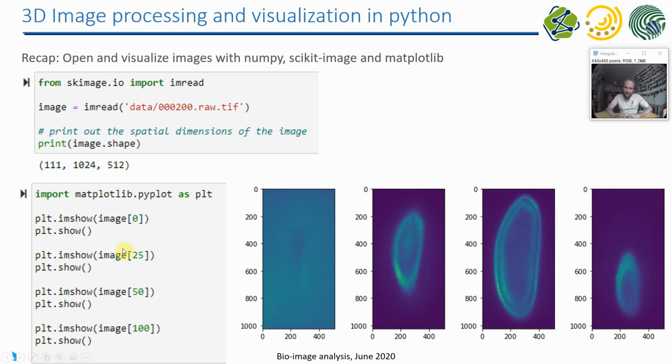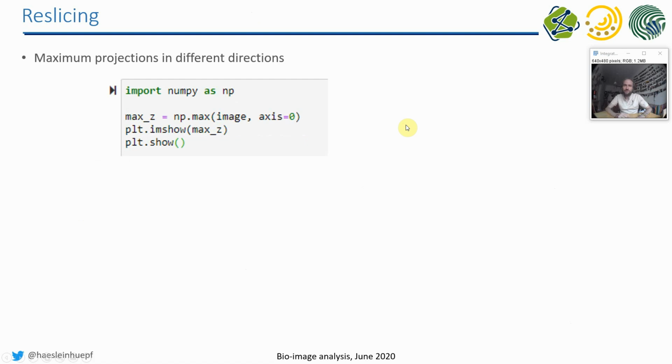What I'm doing here in code is basically moving the bar from the left to the right in ImageJ in order to see individual planes. So this is how you can do these very simple operations with matplotlib.